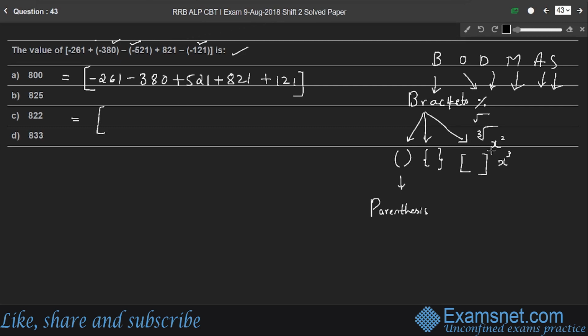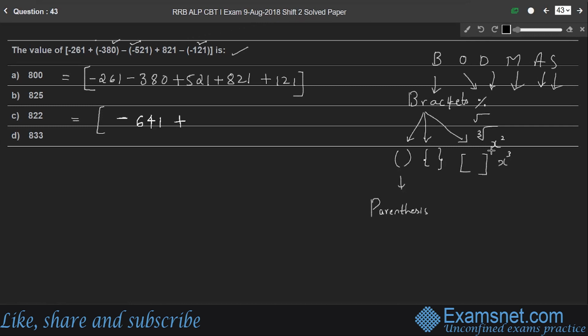Add all the negative numbers: minus 261 minus 380 is minus 641, with negative sign.